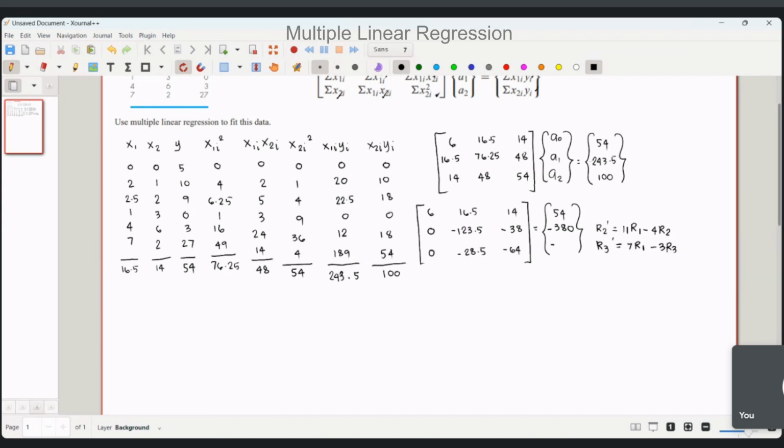Do we have the same answer? Yes, miss. Okay, so we're good with this. So the last one is for this one. Copy.